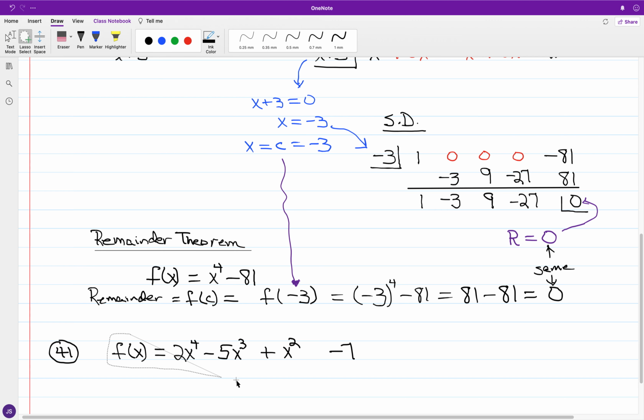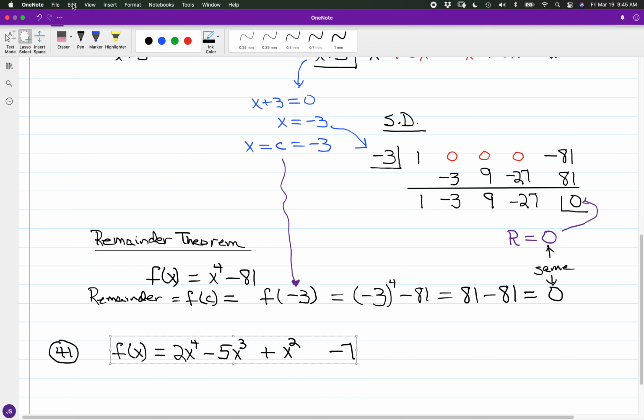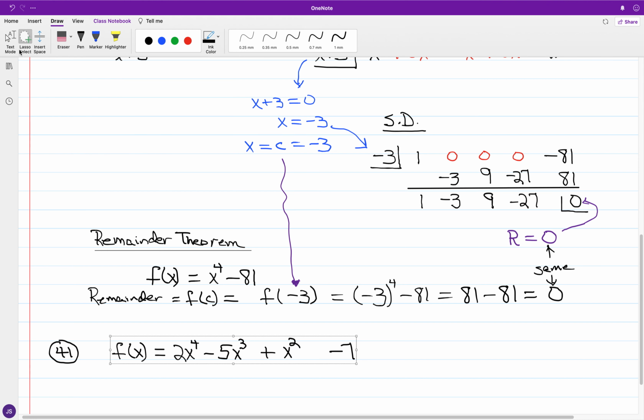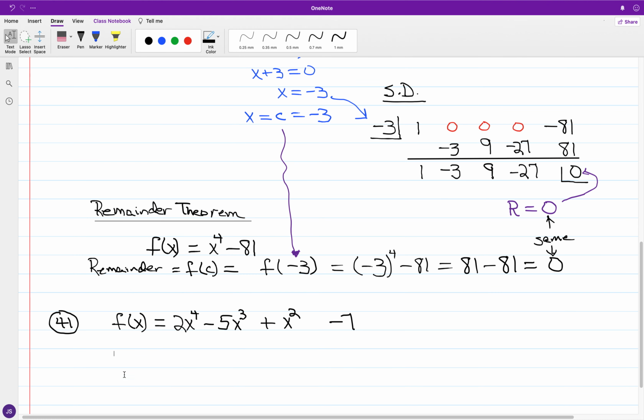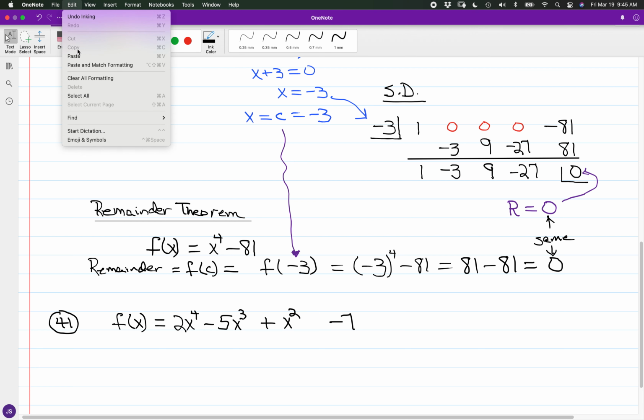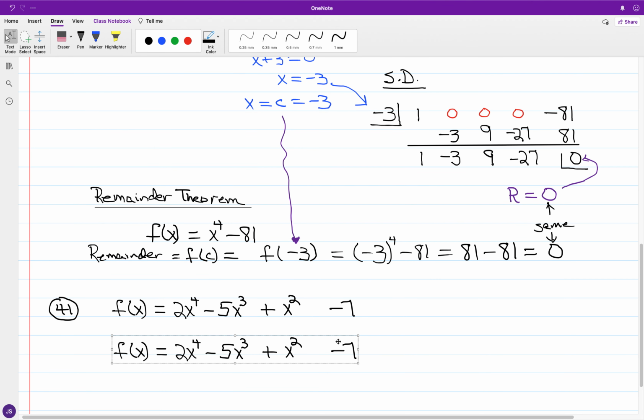Okay, now we'll just go ahead and set things up in terms of synthetic division. I'm just going to rewrite what we have here. Okay, if you notice, we have f of x, you have 2x to the 4th minus 5x cubed plus x squared. And notice we are missing a first order x term. So we just write this as 0x minus 7.